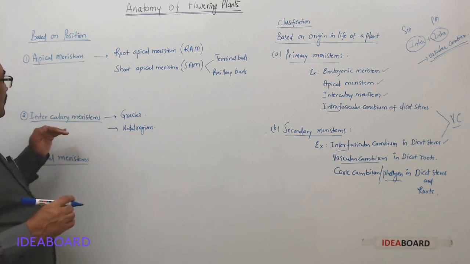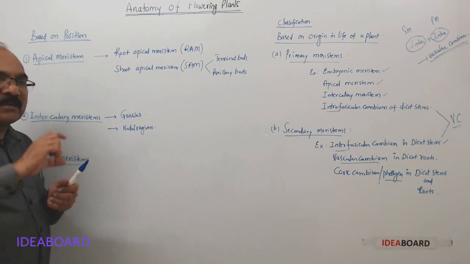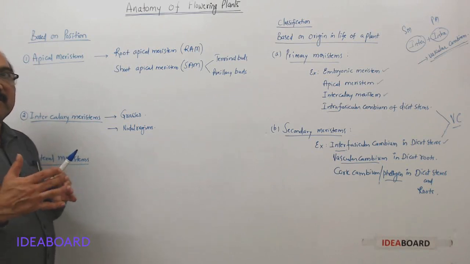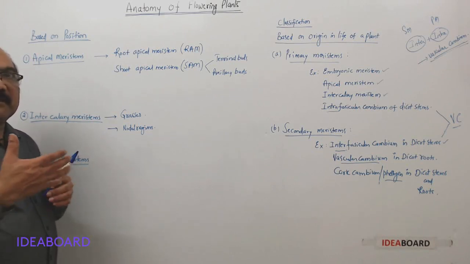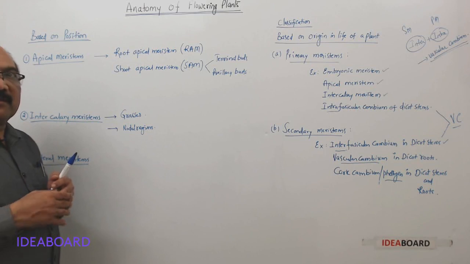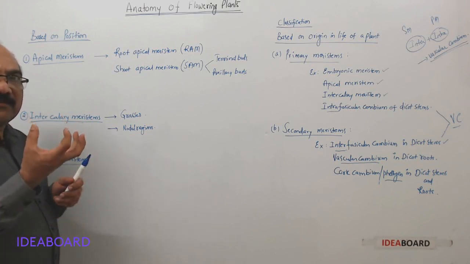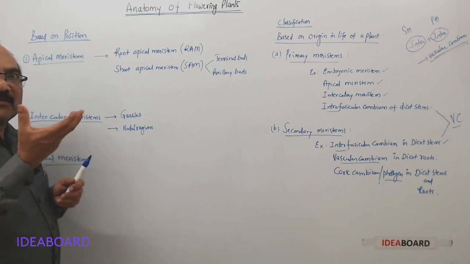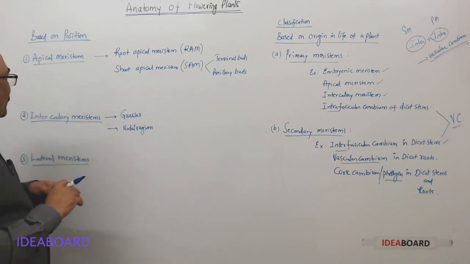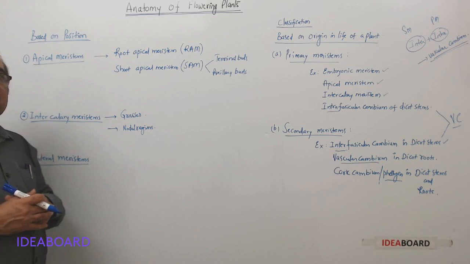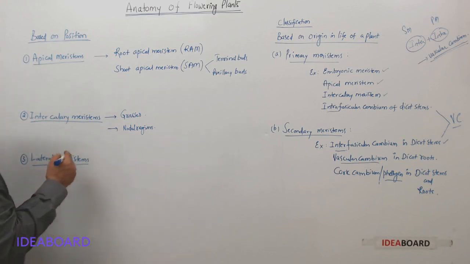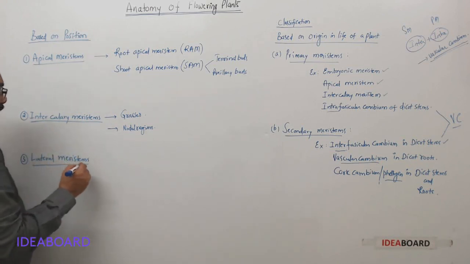Generally it helps in internodal elongation. But whenever these grasses are eaten by cattle or grazing animals, new shoots will again come from the grass. This is due to the activity of intercalary meristems. So that is intercalary meristems.